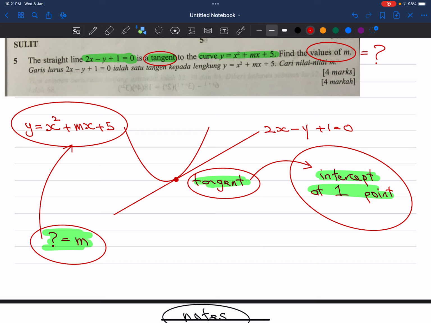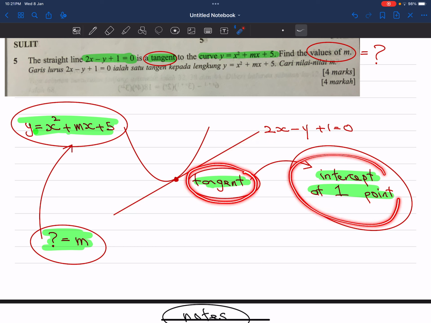That is the equation of the curve. So I want to find m, I go to the information involving m, which is the equation of the curve, and that curve is tangent to the straight line. Okay? And I said tangent means intersect at one point.